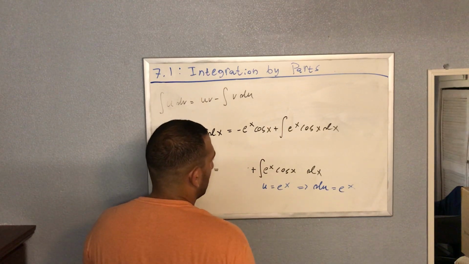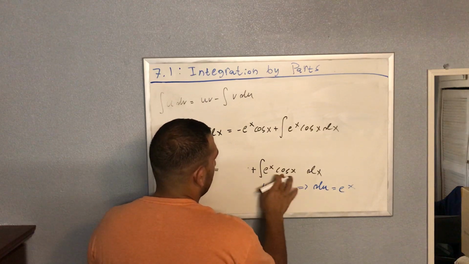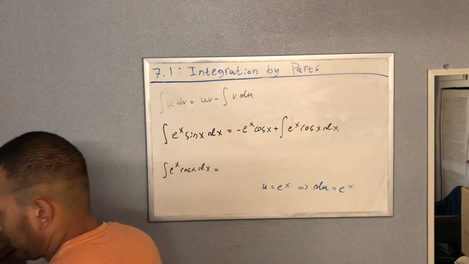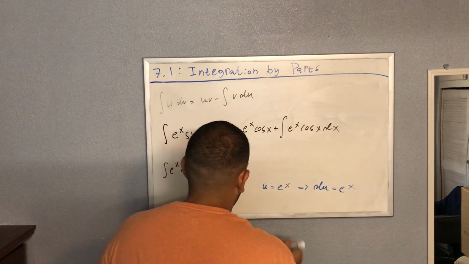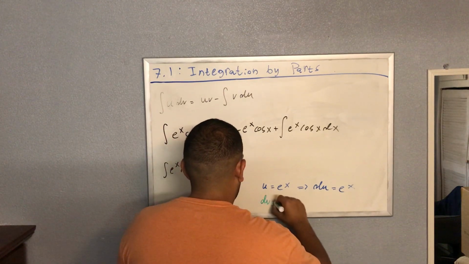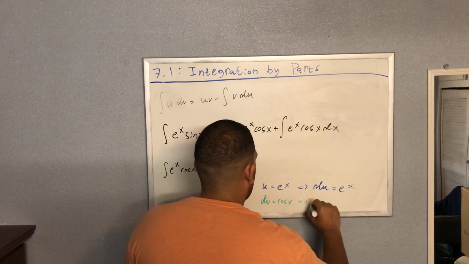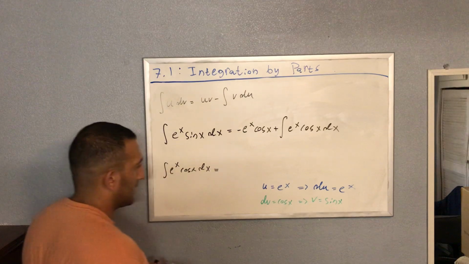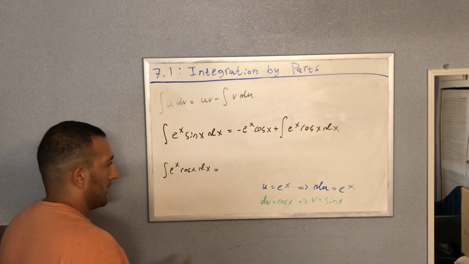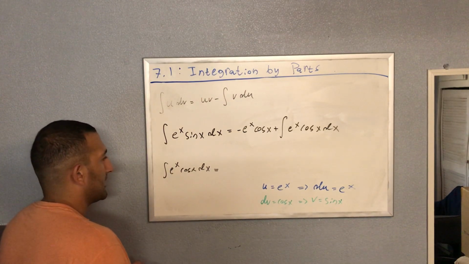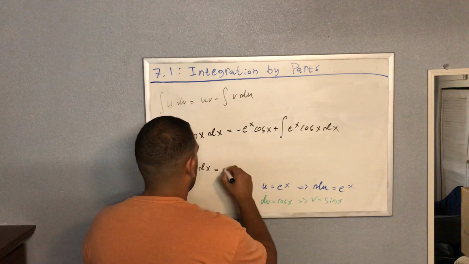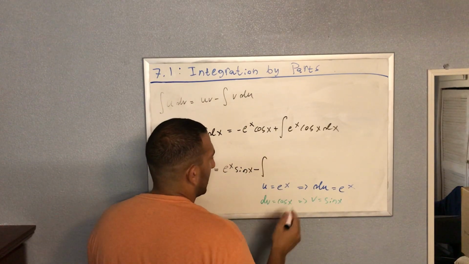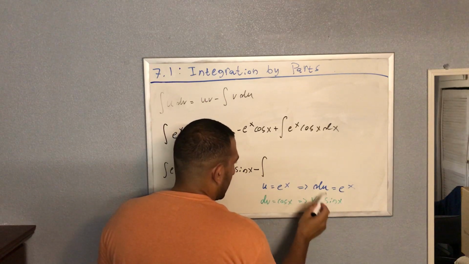So yeah, we're going to let u be e to the x, and dv we're going to let be cosine x, meaning that v is the integral of cosine, which is sine x. Okay, so then integration by parts would tell us that this is uv, e to the x sine x, minus the integral of v du.